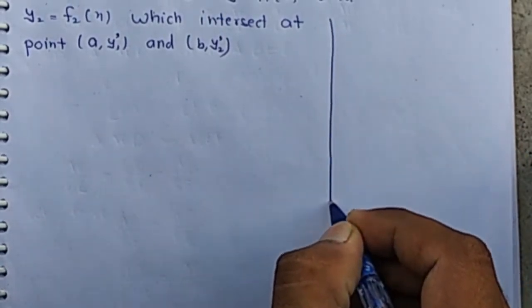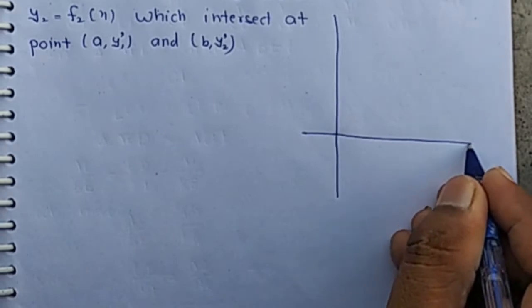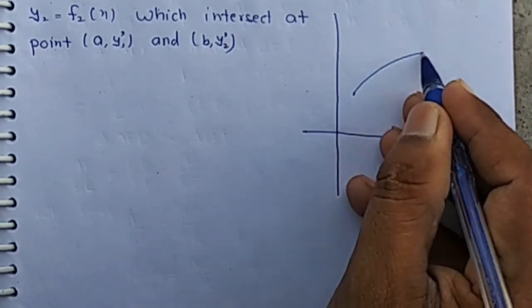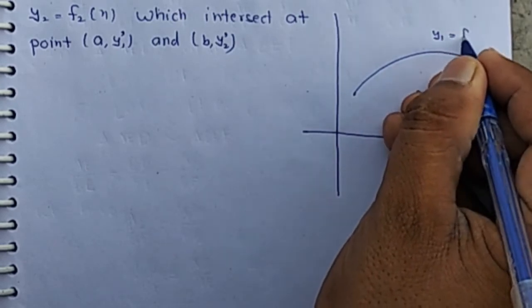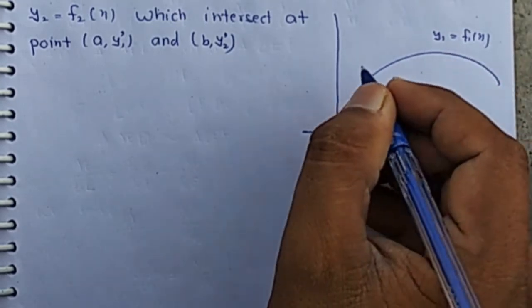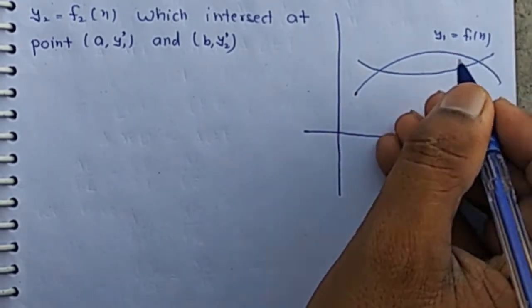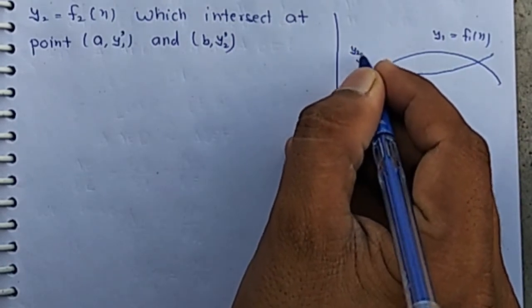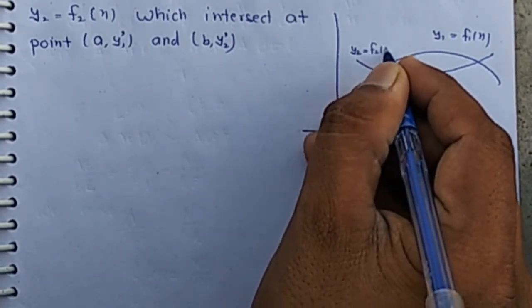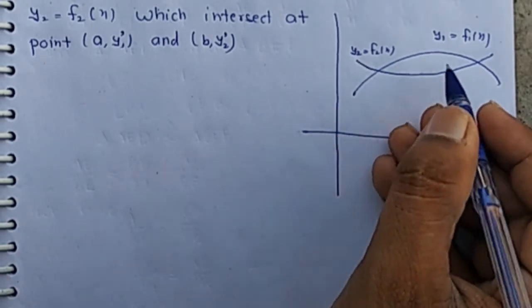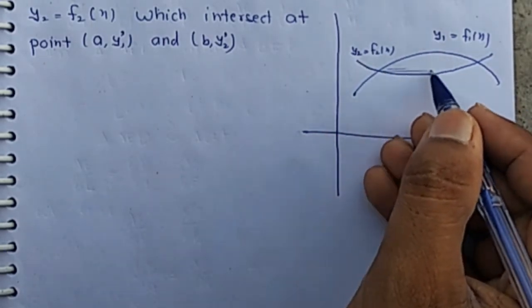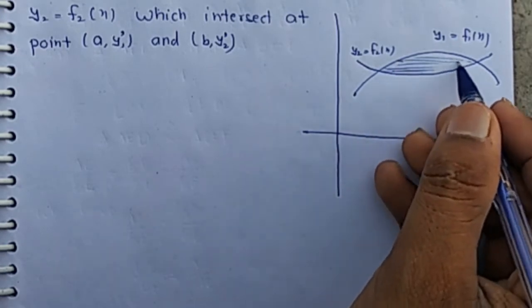Now suppose the first curve is y1 equal f1(x) and the second curve is y2 equal f2(x), and we have to find the area between both these curves.